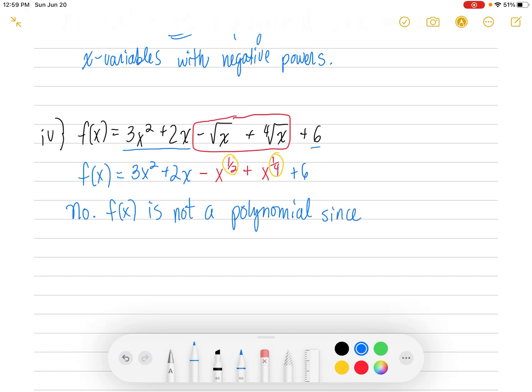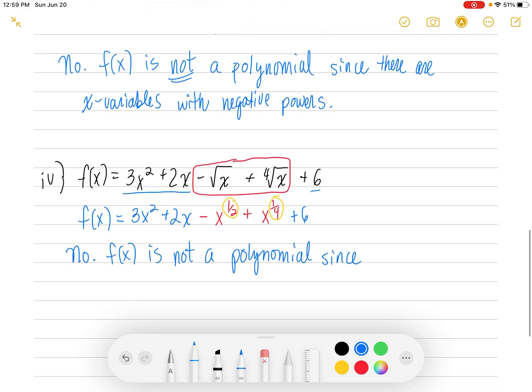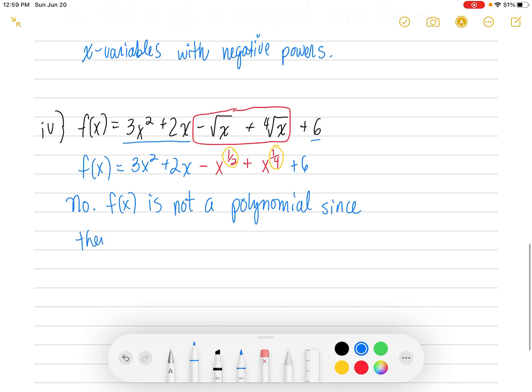since there are powers of x with, how do I want to say this, fractional powers?